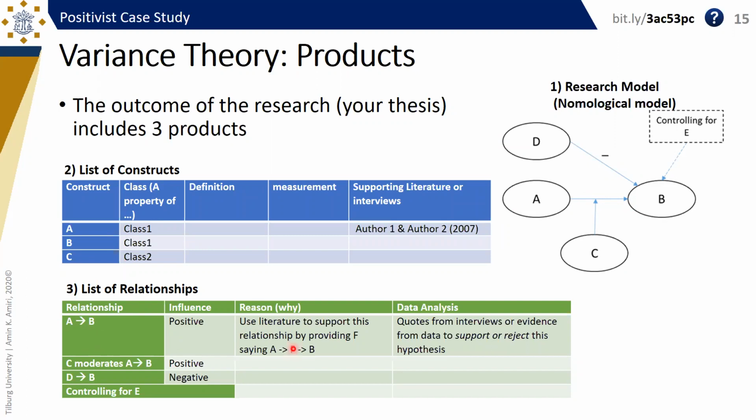You try to say that there is an F, that when we increase A, F will be increased, and as a result, B will be increased. You're not going to provide measurement for F in this table. You just need to suggest one or two reasons, one or two Fs or constructs like that. And then you need to provide quotes from interviews or evidence from data to support or reject this relationship.